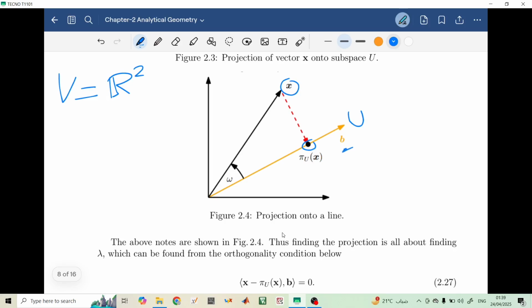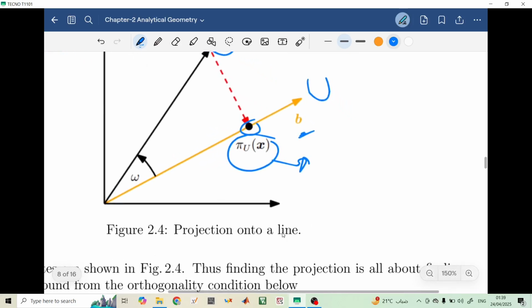Okay? What is b? b is the basis of U. Since U is a one-dimensional subspace, we only need a single vector to represent it, which is vector b, right? So now what we need to find here is this projection. This means what? Let's write it down. So there should be an arrow.